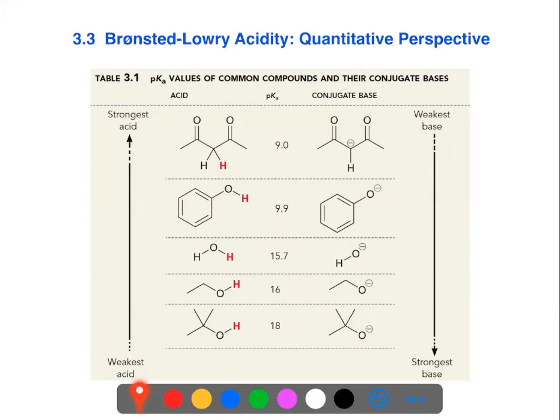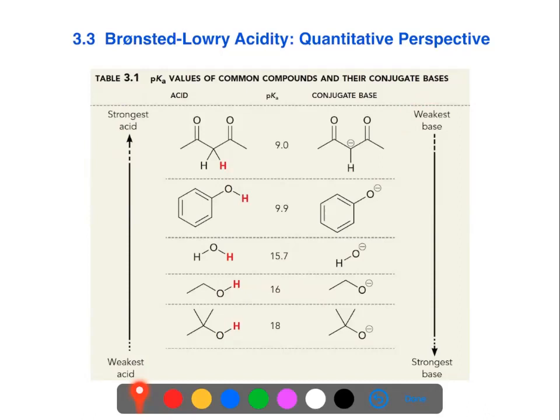And what's also important to recognize is that the conjugate bases of the strongest acids are some of our weakest bases. So there's a sliding scale: as we proceed from a higher pKa value to a lower pKa value, we are increasing the acid strength, but the conjugate bases of those acids are becoming weaker.